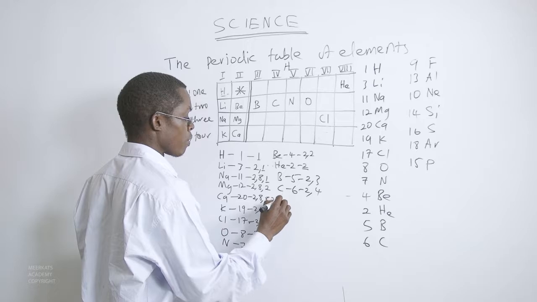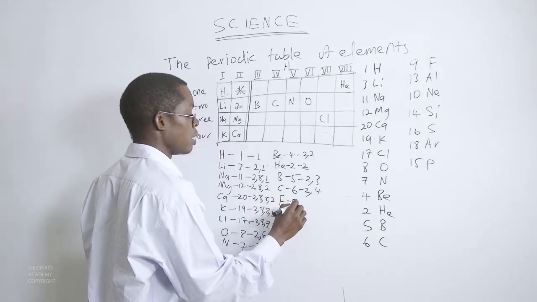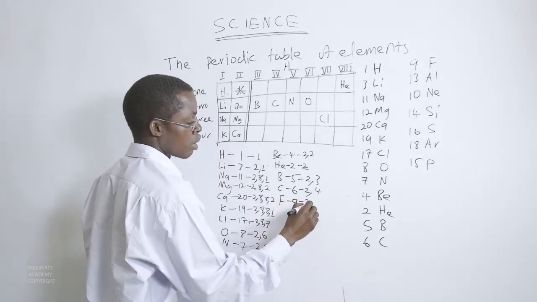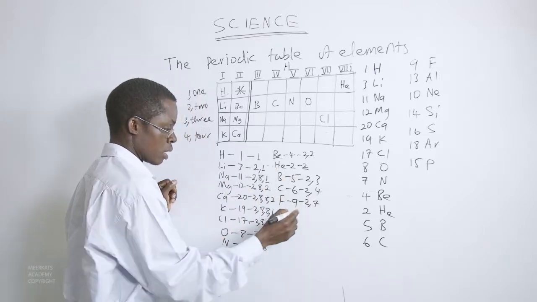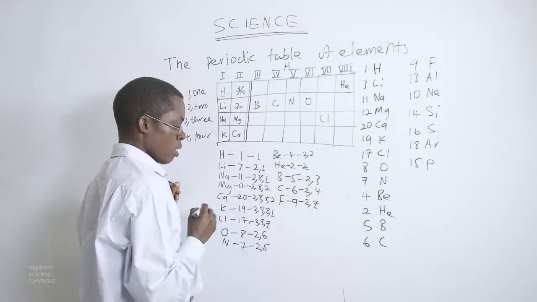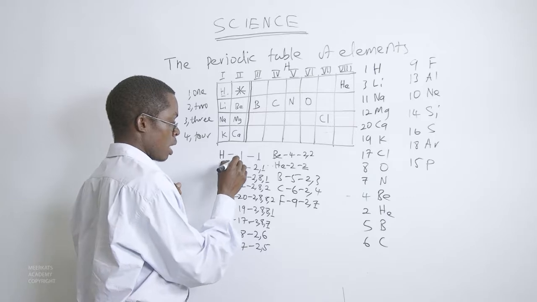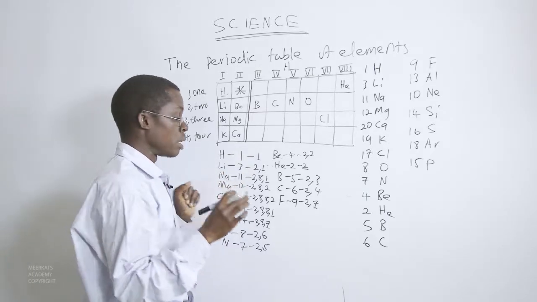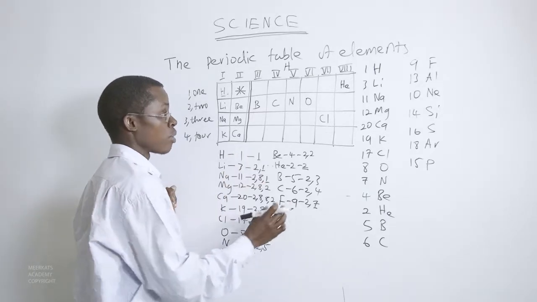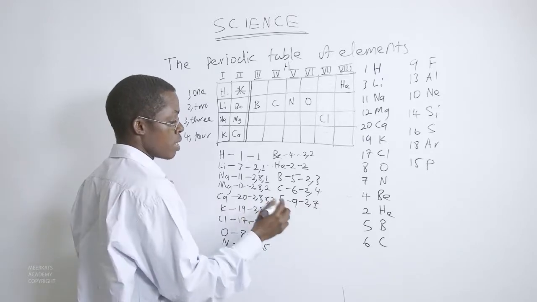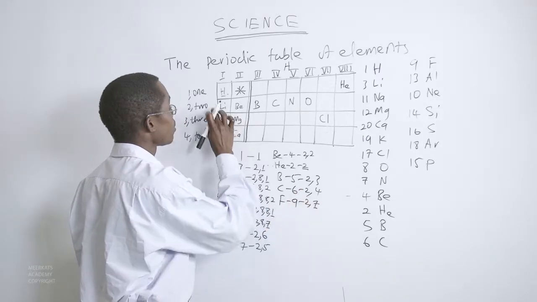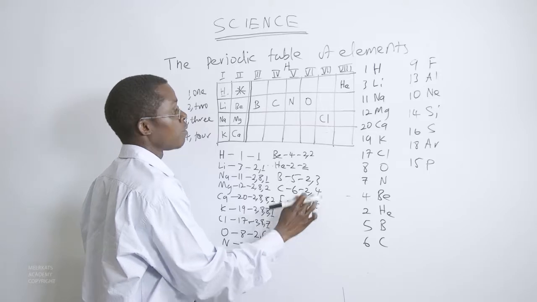Then there we have fluorine, which has 9, giving us 2, remaining 7. So that is the same category as chlorine and the same as hydrogen, as I've just explained. Hydrogen, chlorine, and fluorine are in agreement in a way. So here we have 2 energy levels, 2, then 7 outermost.